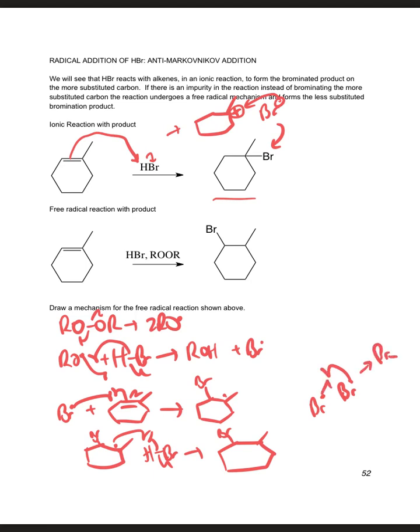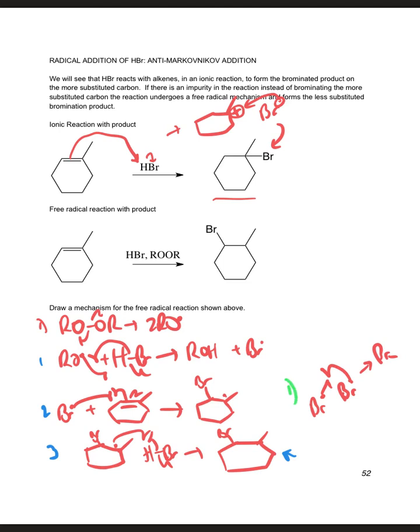And then we have to terminate the reaction with two bromine radicals coming together to form Br2. So we have the initiation step, we have three propagation steps where we have to form all of our products in a propagation step, and then we have one termination step to kill off the reaction.